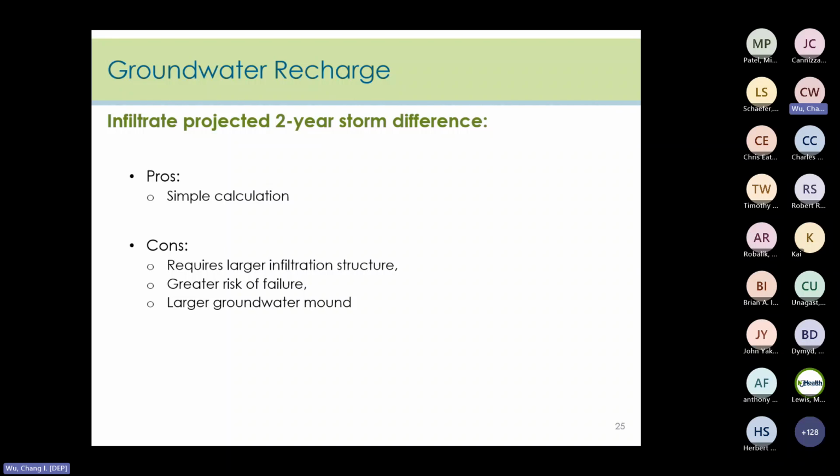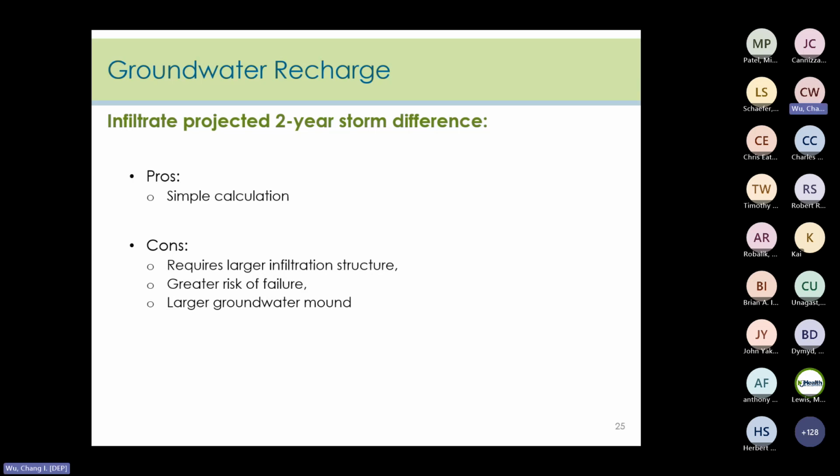So we would talk about the difference of the projected 2-year storm first. It's a simple calculation because when you do the pre and post construction analysis of the runoff, you will know the volume difference. But in our experience, to infiltrate the difference of the projected 2-year storm would result in a larger infiltration structure.